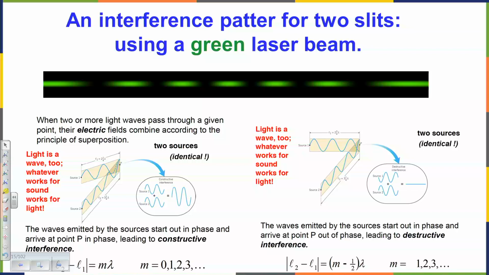All we need is a laser pointer and two slits. Nowadays, to manufacture two slits takes practically no time. These things are very cheap, because what is a slit? It's basically a scratch, a very thin, tiny scratch. So you just have to make two scratches.